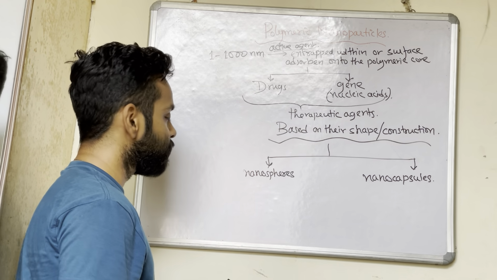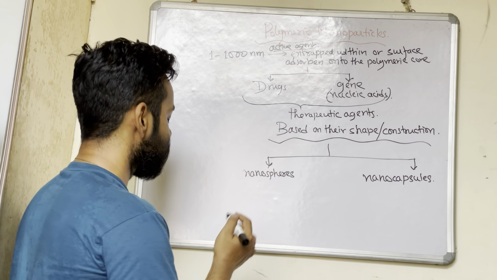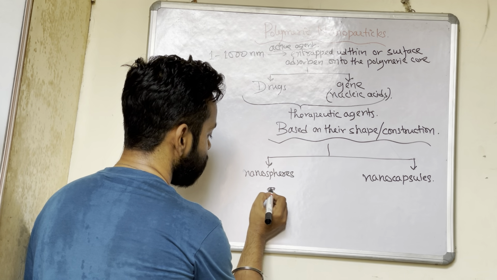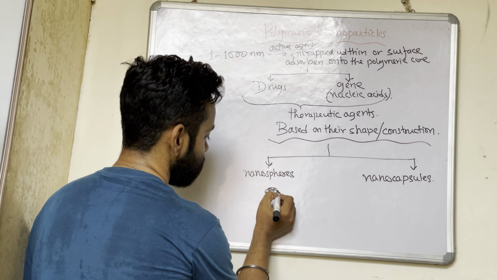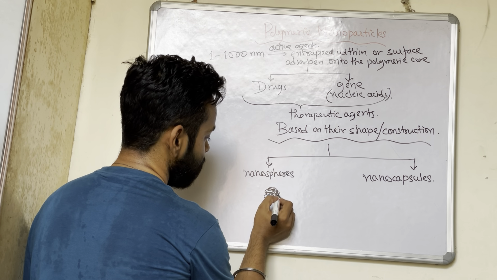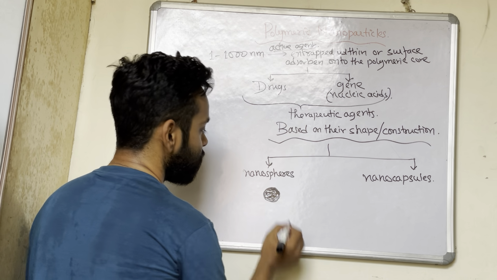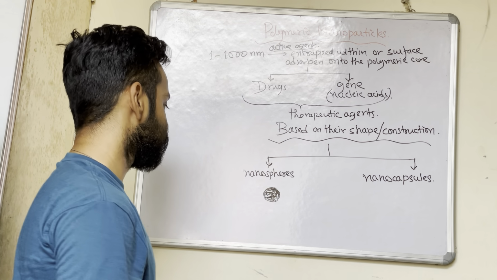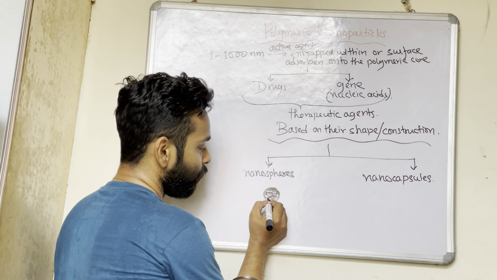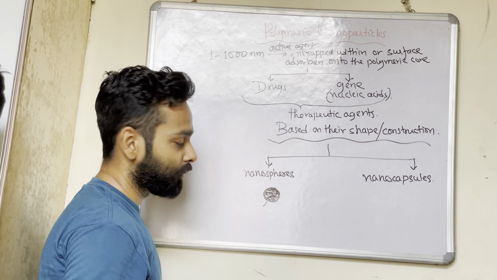So, nanospheres are the system wherein the polymeric network is intertwined in a spherical orientation. So, these are the polymeric chains or the polymeric networks.